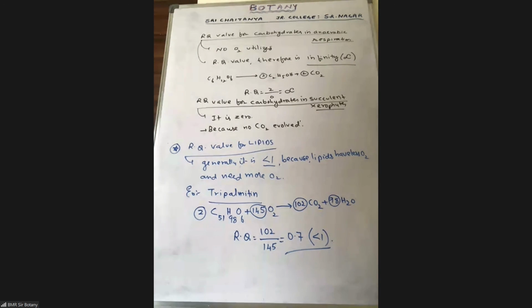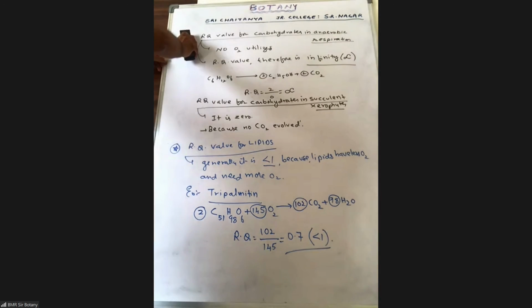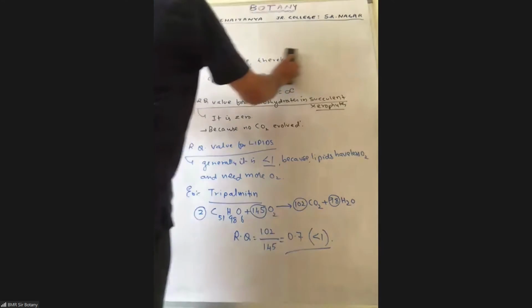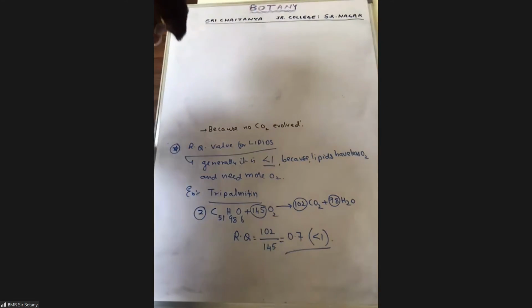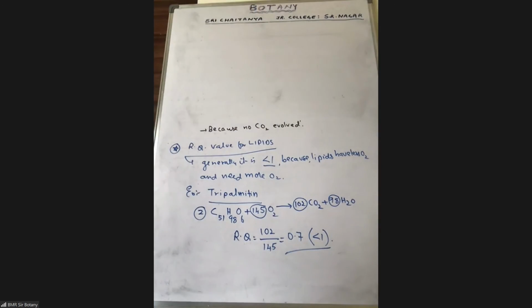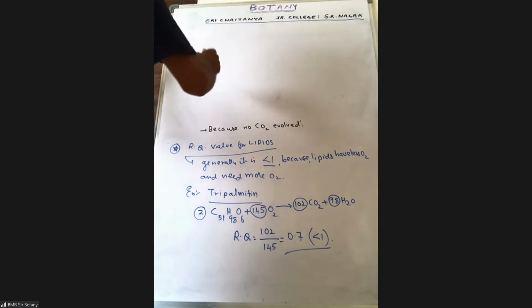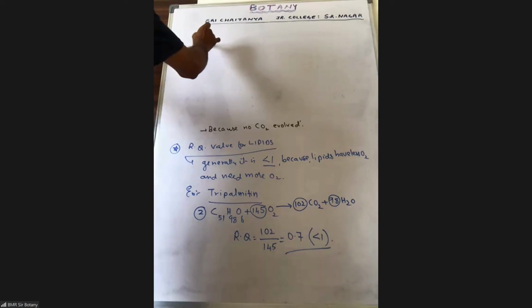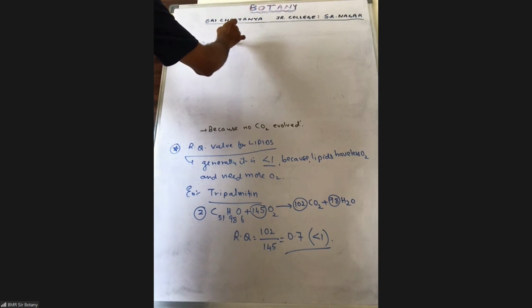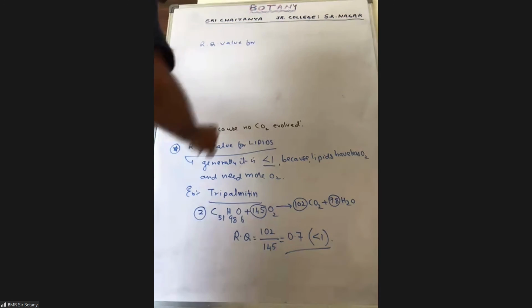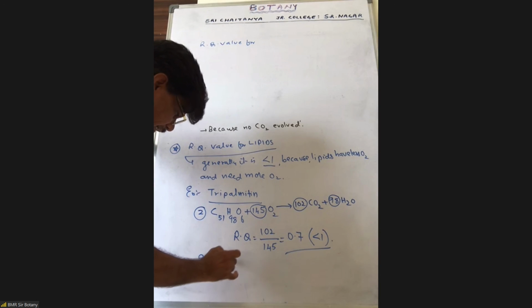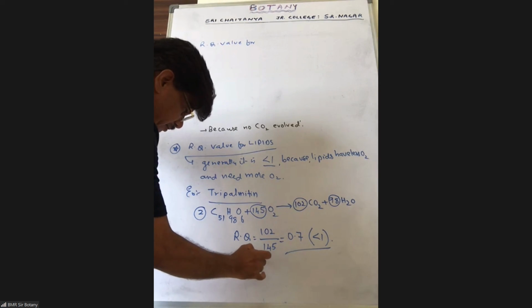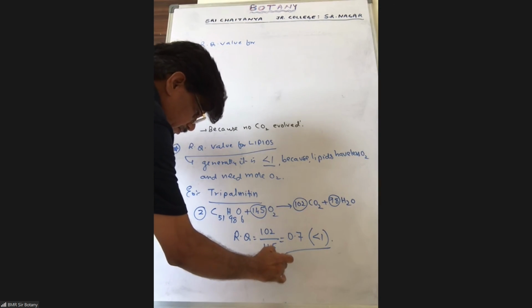For proteins also, no need to go with an equation, just remember. Here the example can be germinating castor seed, rich in fats.